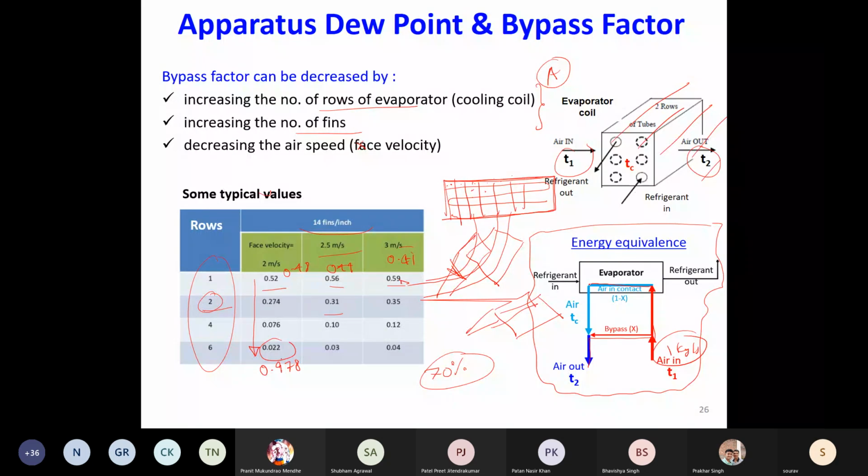By complete contact, I mean this T1 will go to TADP, and the fraction X remains at T1. Now T1 and TADP mix back to obtain the outlet temperature that you actually have, T2. So this is just an equivalent model of obtaining this T2.